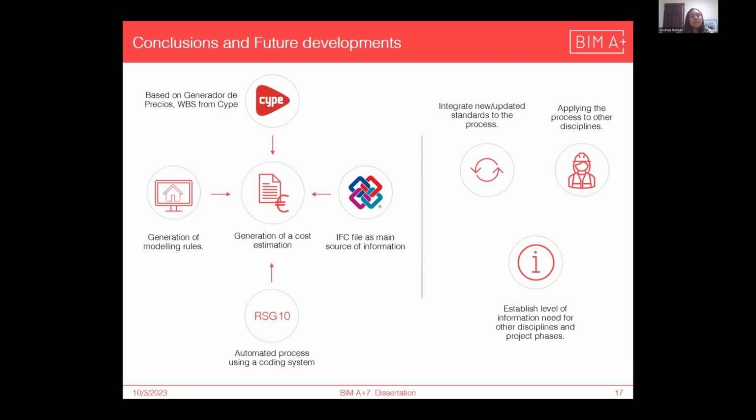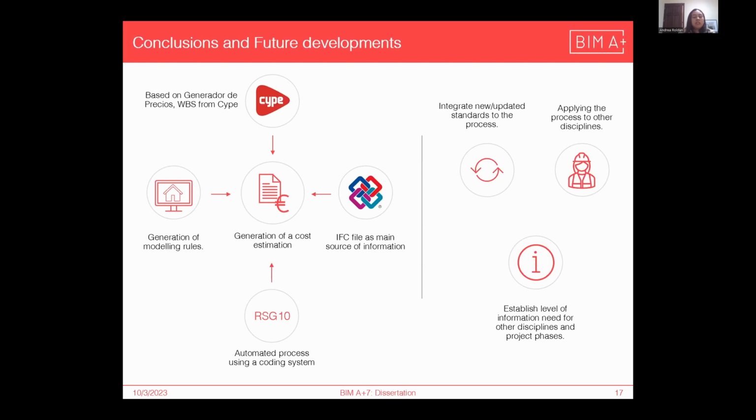So for the conclusion and future developments, I'm going to focus mainly on the main achievement of this dissertation: the generation of a cost estimation report of a project, basing the whole workflow on the WBS from Site, which is the general process. This whole workflow was done using IFC as its main source of information through an automated process, thanks to the coding system also extracted from the general process.